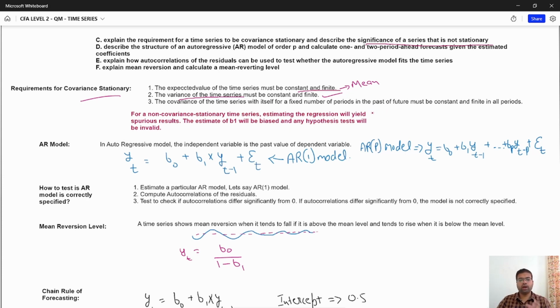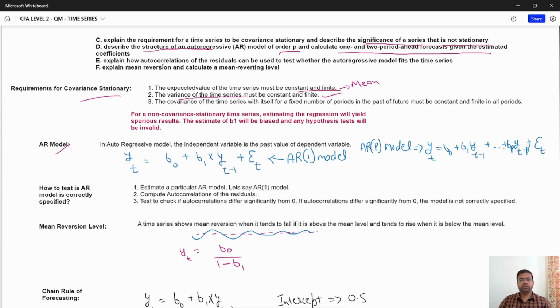Basically, if you have a non-covariance stationary time series, you cannot use regression to calculate the model. The next type of model that we want to discuss is the AR model, the autoregressive model. Basically, we need to be able to describe the structure of an AR model of order p and calculate one and two period ahead forecasts.